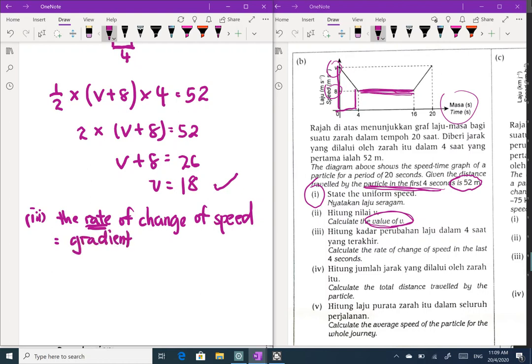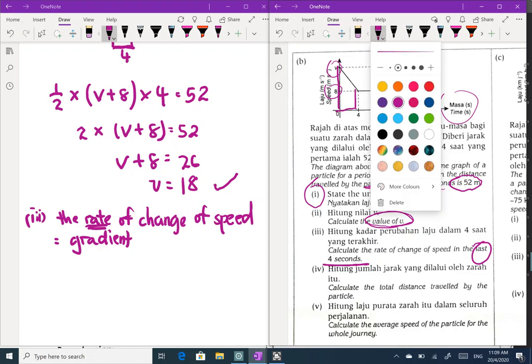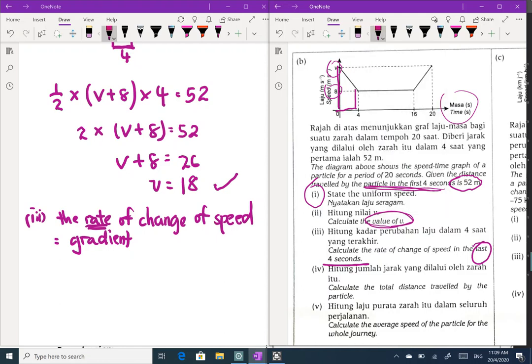I want the gradient for the last 4 seconds. So I want to know the gradient for this one. V we get from question 2, so it's 18. This is 18 and this is 8.